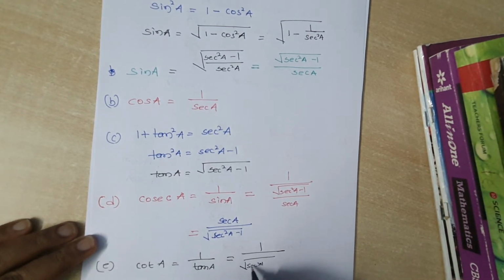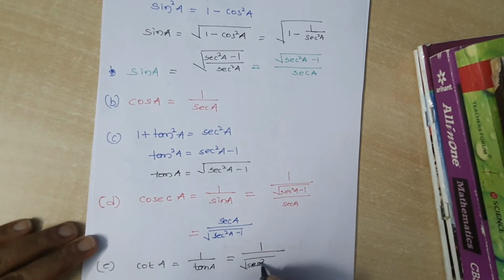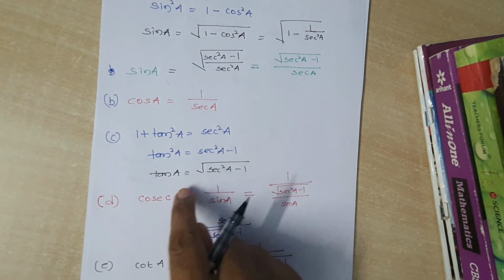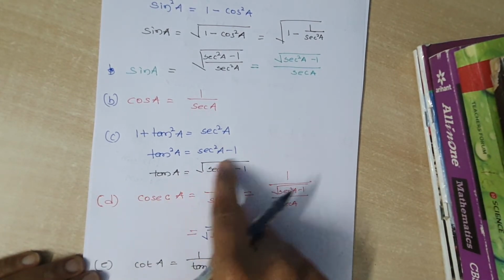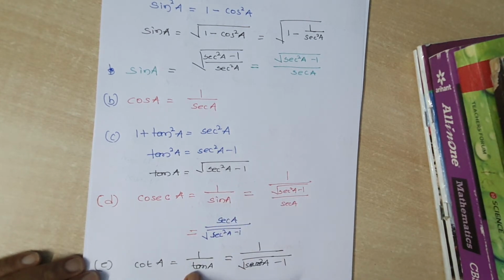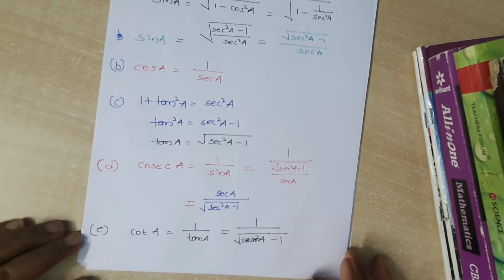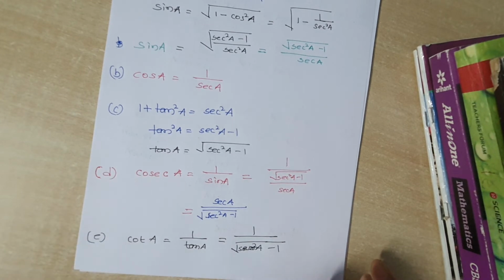We know the value of tan A. Tan A is the square root of sec square A minus 1. So instead of tan A, we have the square root of sec square A minus 1. So this question is also over.